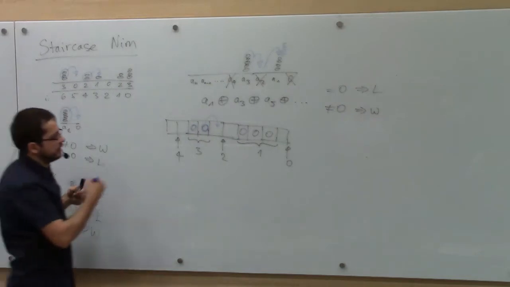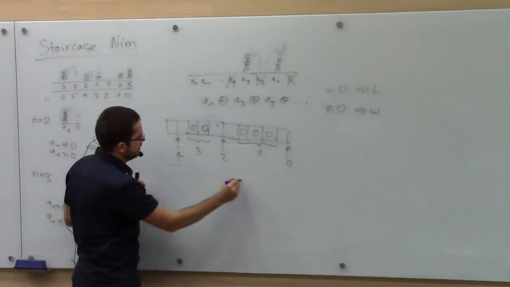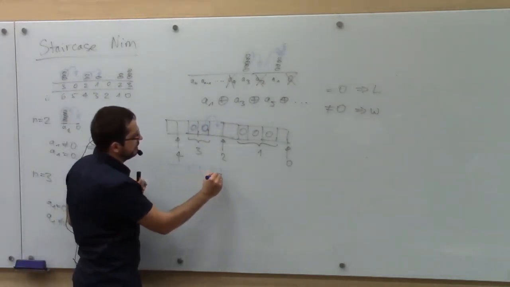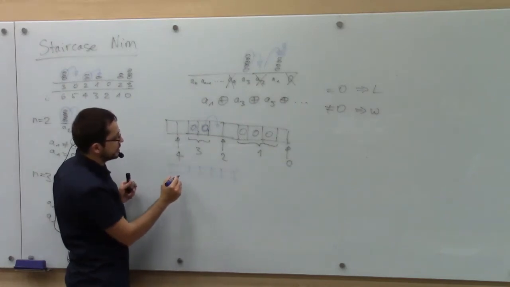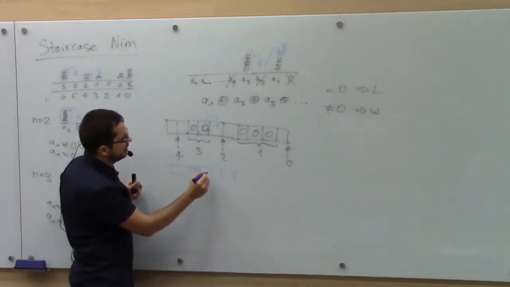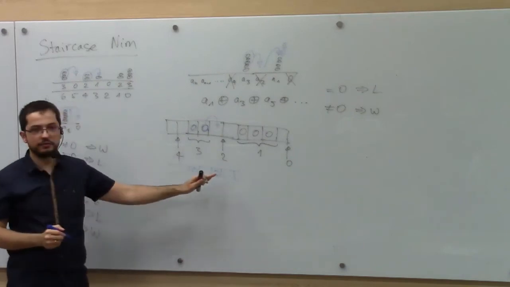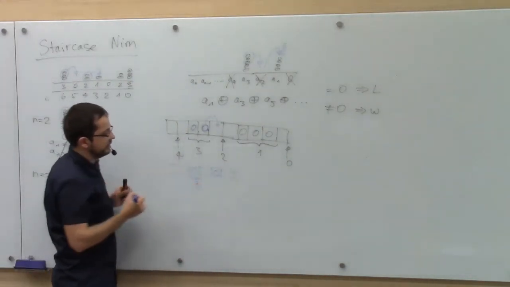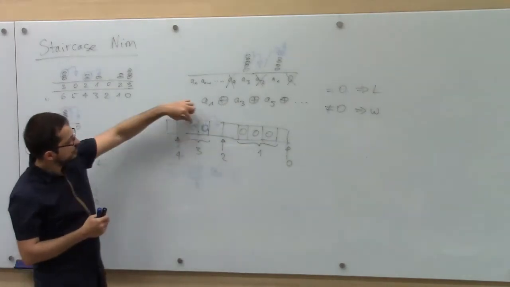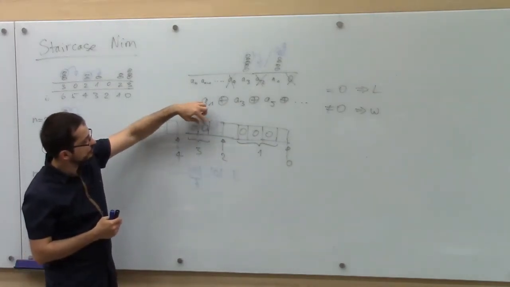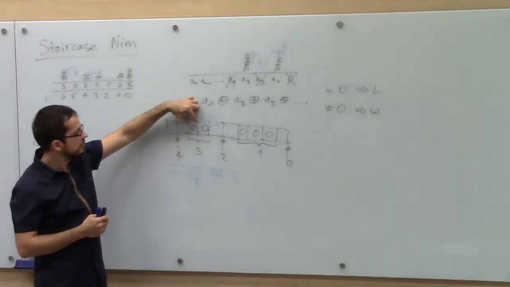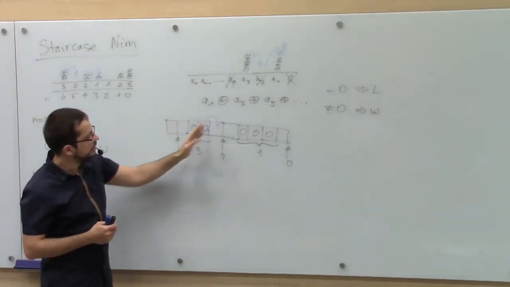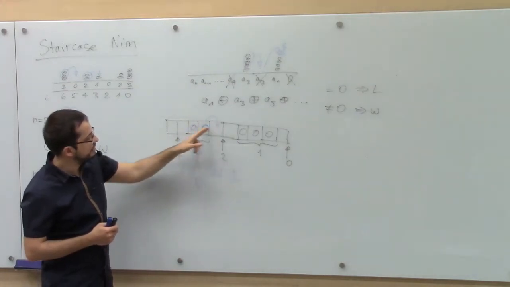Okay, so let's see what is happening after this move. After this move, we'll see something like this, and this is group number 3, because we are just removing this coin from this group. So this group is getting smaller, but actually, if you see here, we move this empty place here.